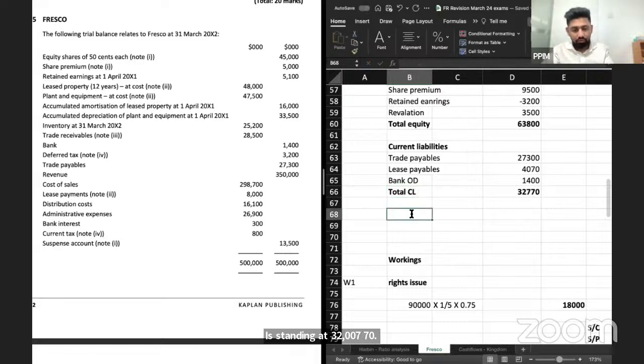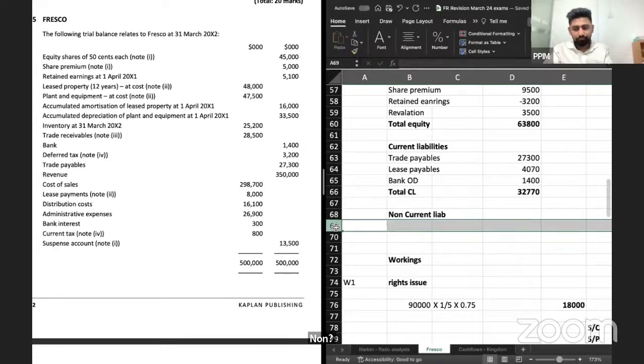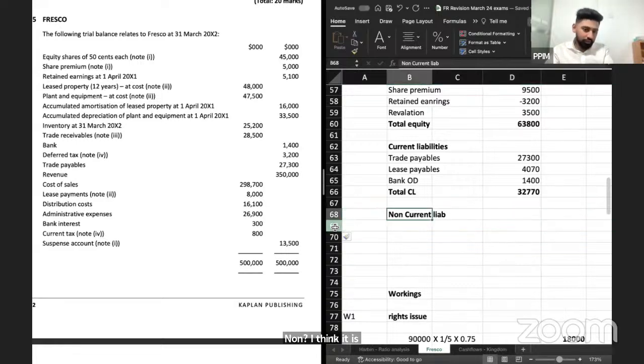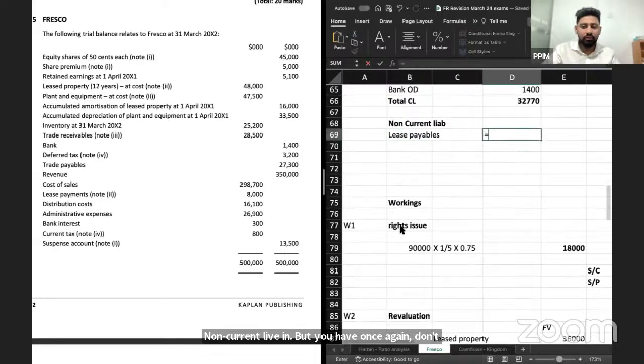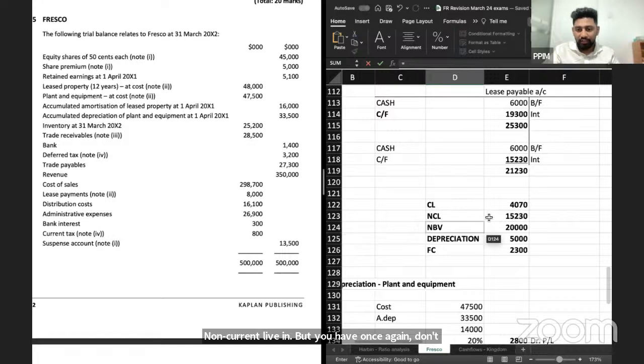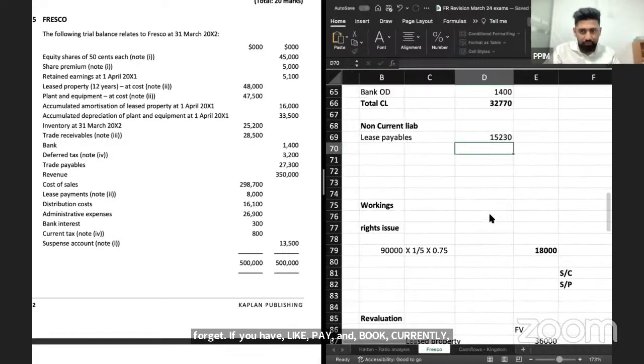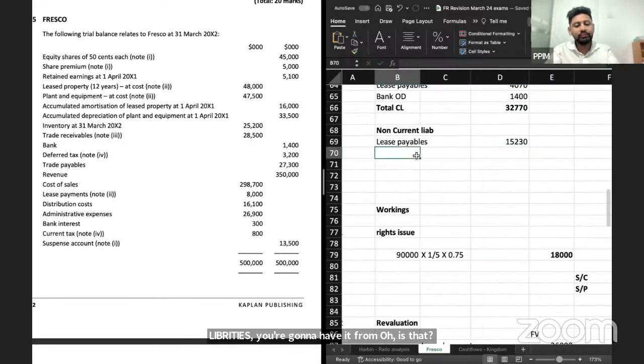Finally, non-current liabilities. What do you have? Once again, don't forget, if you have lease payable for current liabilities, you're going to have it for non-current liabilities as well. How much is that? 15,230. And then what else? What else do we have?